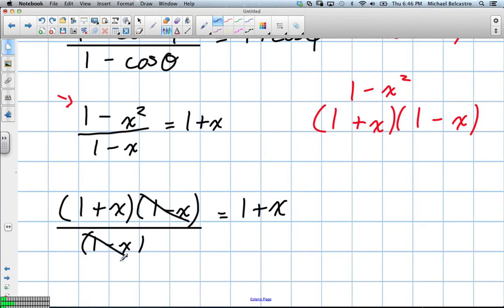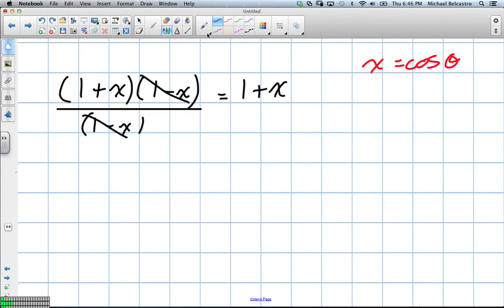But what about trig identities? Okay, before you do that, then you're right, let's go back. Remember, we said cos is equal to x, so let's change it back now. X is now back equal to cos. So before I eliminate those, let's rewrite them as cos.